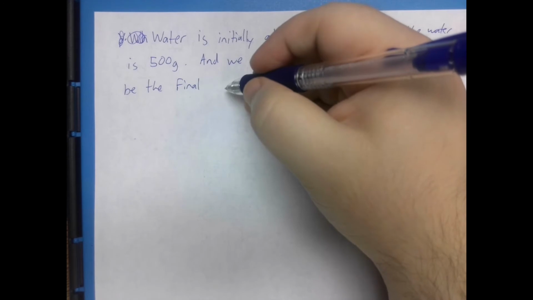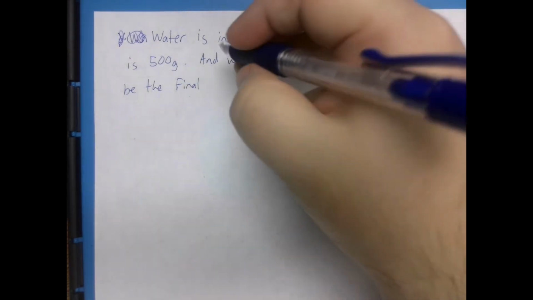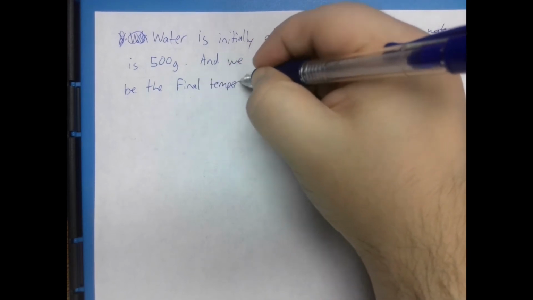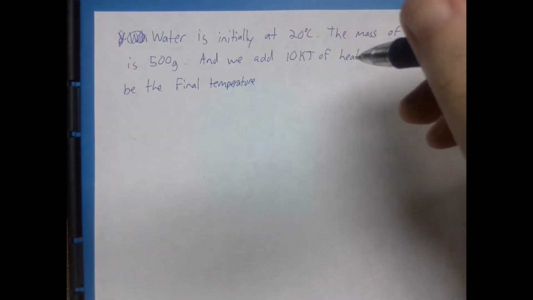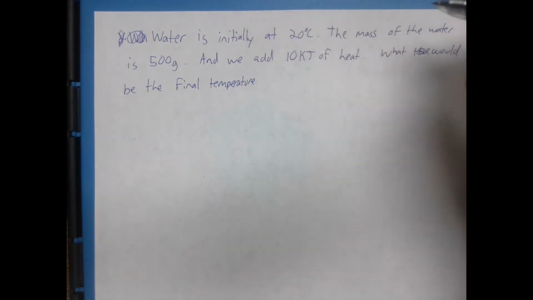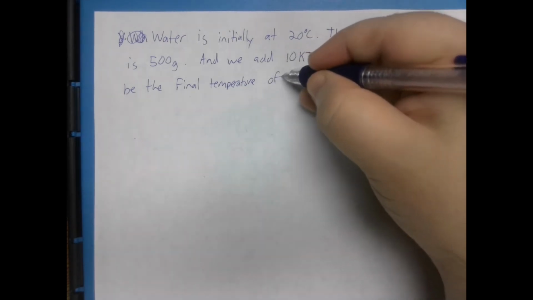That's the mass of the water in your bottle of water. And then add it to your initial temperature. What would be the final temperature of the water?